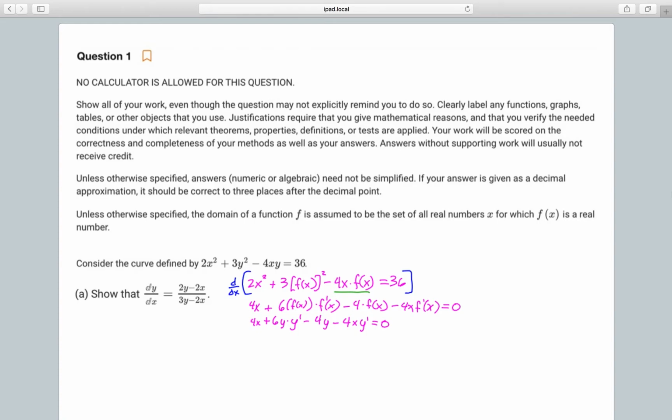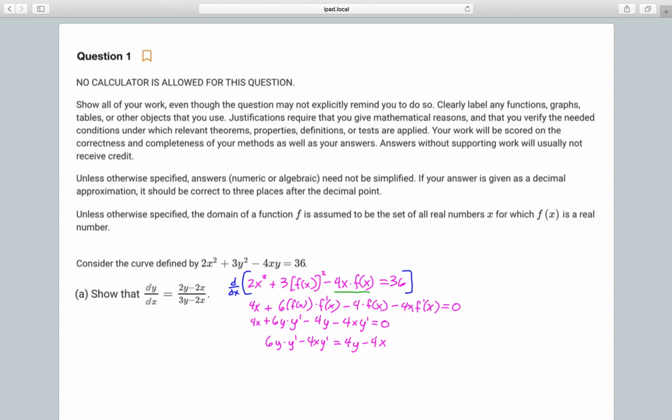Remember that y prime equals dy dx. We have multiple y primes, so we're going to group those on one side and move everything else to the other side. So I'm going to have 6y times y prime minus 4x y prime equals, let's add the 4y over, let's subtract the 4x over.